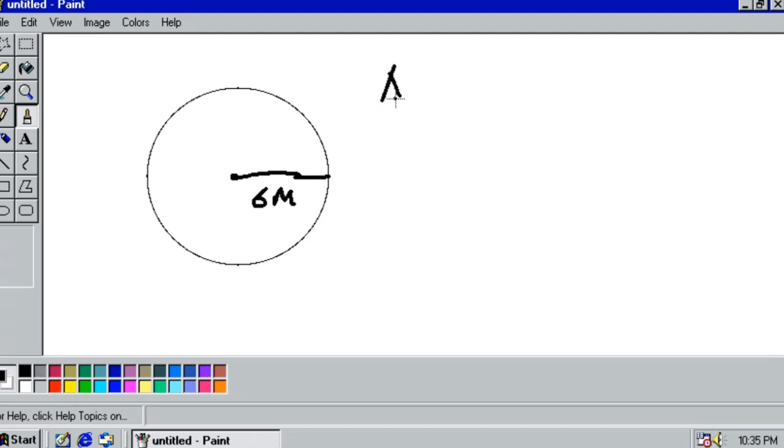The formula of the area, if you recall from the previous videos, is pi times the radius squared. So our radius here is 6. So it will be 3.14 times 6.